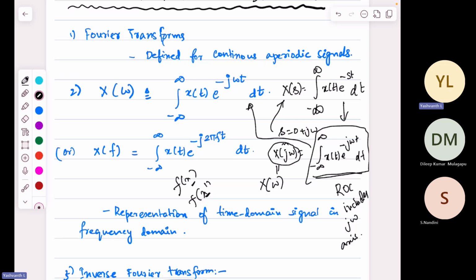For the Laplace transform, if whatever ROC you get includes the j omega axis, that is, the y axis is a part of the ROC, then you just substitute s equal to j omega, and whatever value you get will be the Fourier transform. This is basically the condition. If this is satisfied and you know the Laplace transform, you can just substitute s equal to j omega and you'll get the Fourier transform. So this is one similarity that the Laplace transform and Fourier transform share.